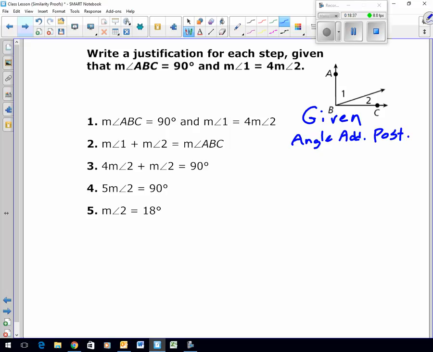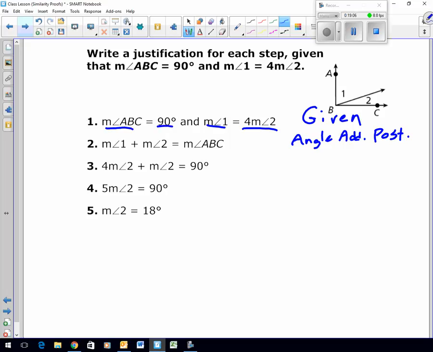If I start with 1 plus 2 equals ABC, how do I get to 4 times the measure of angle 2, plus the measure of angle 2 equals 90? It's your best friend in all of this. Angle 1 is also known as what? 4m2, correct?